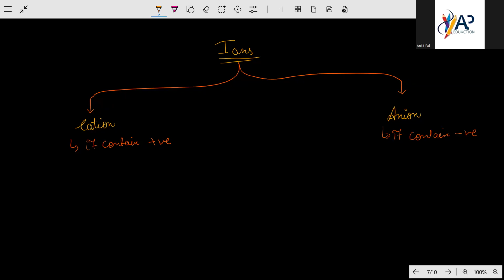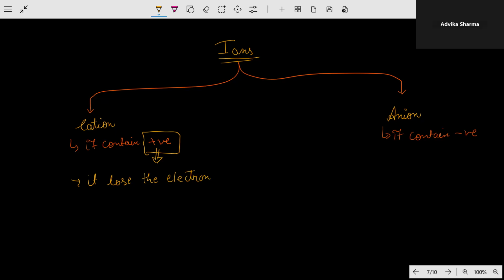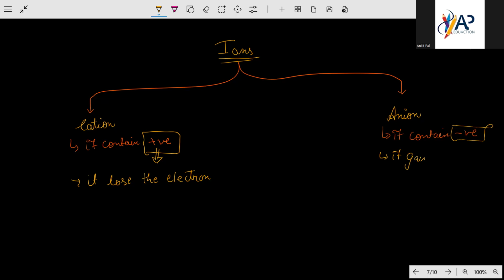Listen, if a body has positive charge, remember one thing always: it means it loses electrons, right? If a body is negatively charged, it means it gains electrons.